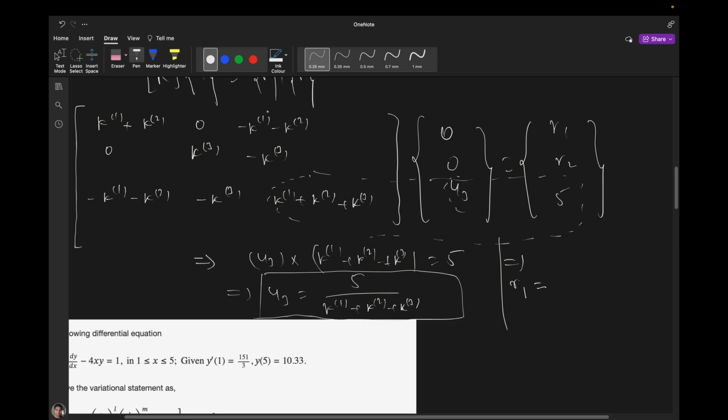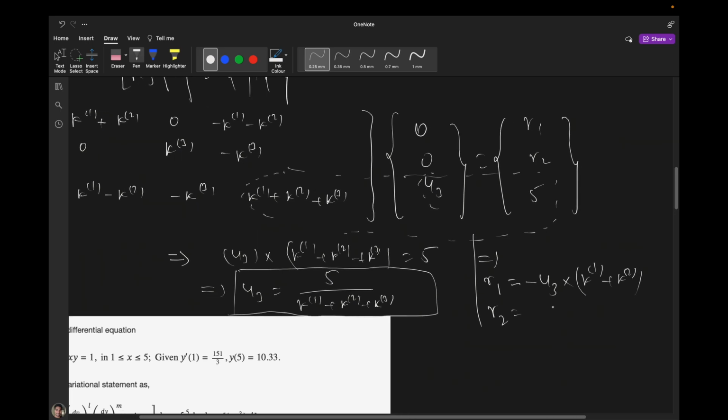Then what survives is this term multiplied by this term equal to r1, so I can write r1 equal to minus u3 multiplied by k1 plus k2, and we already know u3. Similarly we can also determine r2, which will be minus u3 times k3. So this is the solution of this part.